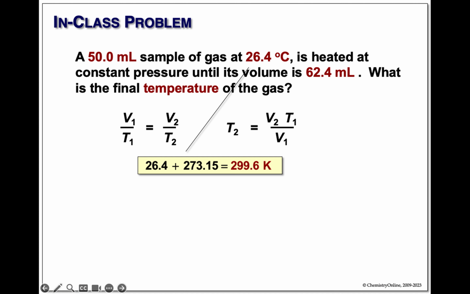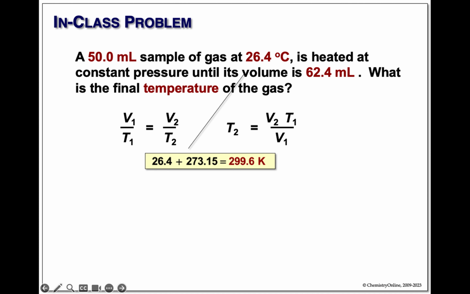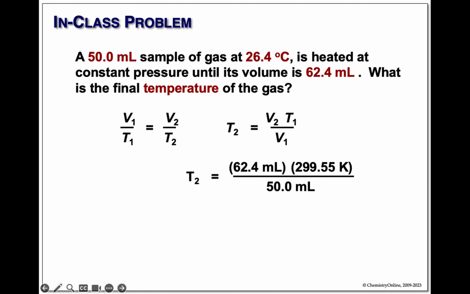And finally, V1, 50 mils. Plug it all in. Our milliliters will cancel. 62 times 300 divided by 50. Again, way too many significant figures. We have 3, so let's round this to 374.